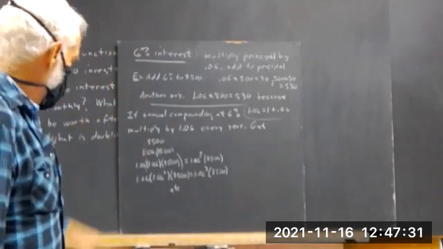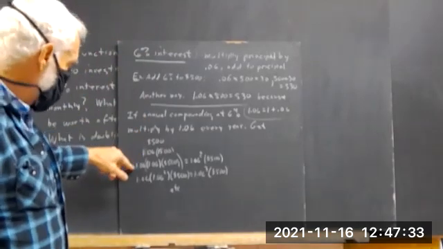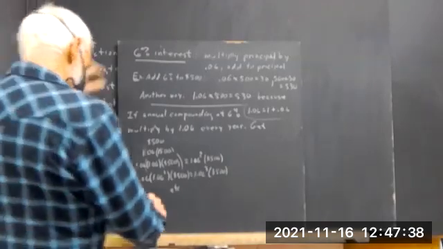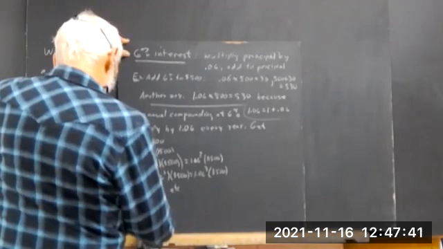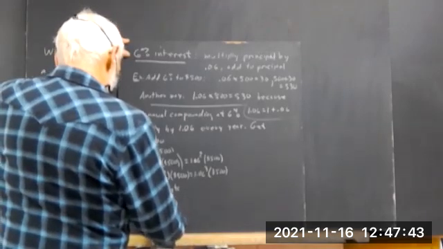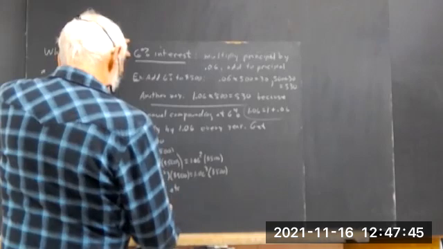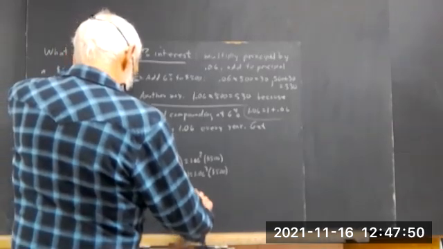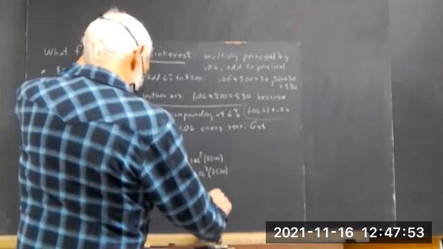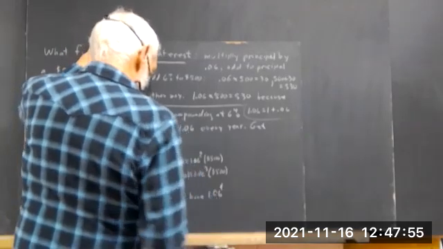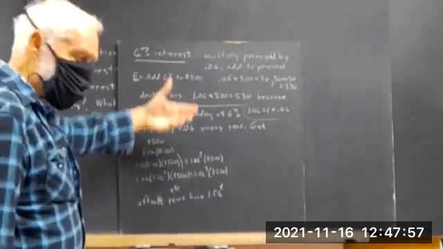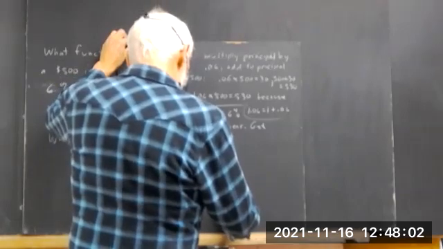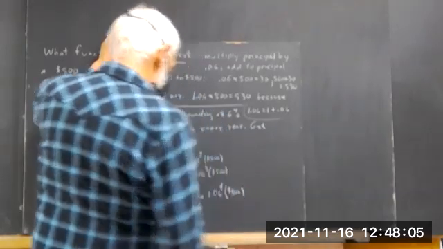Well, this is after a year, this is after 2 years, this is after 3 years. So after T years, you're going to have 1.06 to the T times $500, right?